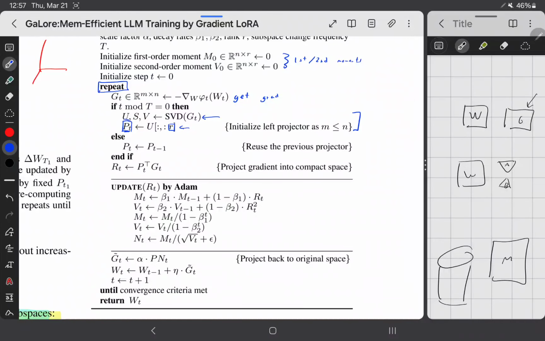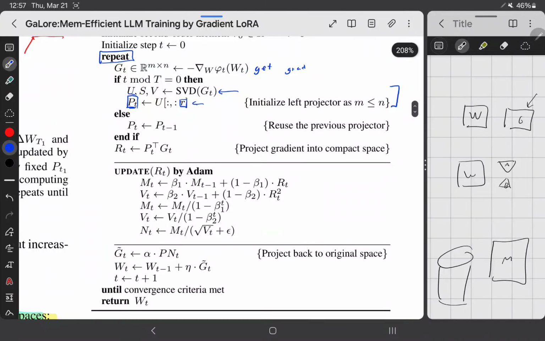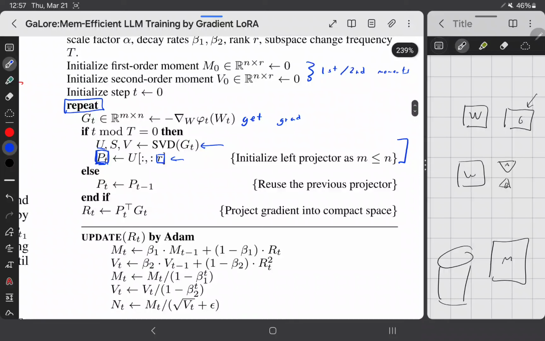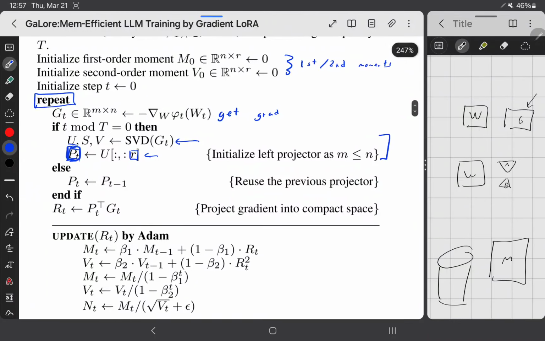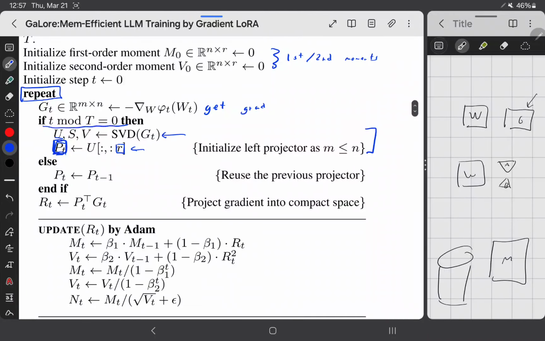Or rather, you get to the space multiplying by the transpose, and then you get back multiplying by the normal matrix. So you just get the R most important eigenvectors, allowing you to project to this low dimensional space, and then you can use this to project back up. So this is your low rank projection.